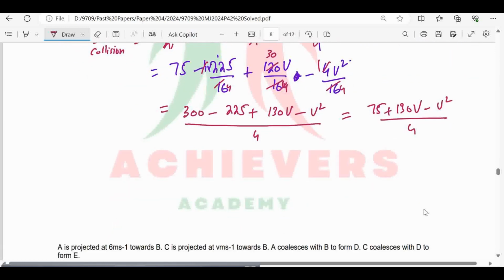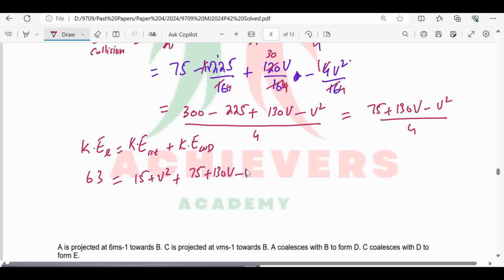Because we know that the total kinetic energy loss is equal to the first kinetic energy loss plus the second loss of kinetic energy, 63 equals 15 plus v squared plus 75 plus 30v minus v squared, whole divided by 4.